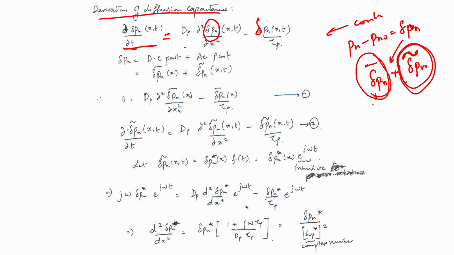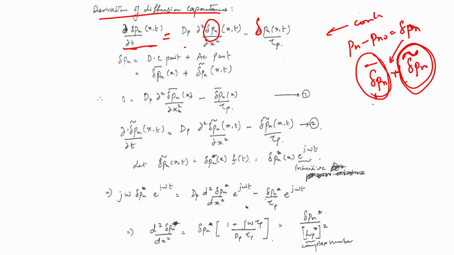So we looked at this already. In general this delta Pn, the injected carriers, has got a DC part and an AC part, and I will define this AC part with this little tilde at the top, and the DC part with just an over bar or just a straight line there, okay. So this wavy line on top of delta Pn describes the AC part.